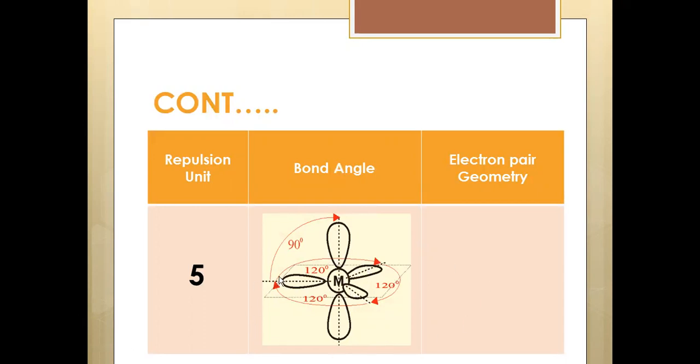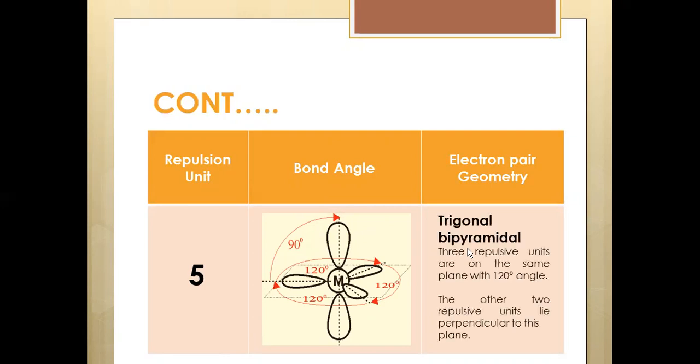This is what we call trigonal bipyramidal. The three repulsive units are on the same plane with 120 degree angles, and the other two repulsive units lie perpendicular to this plane.